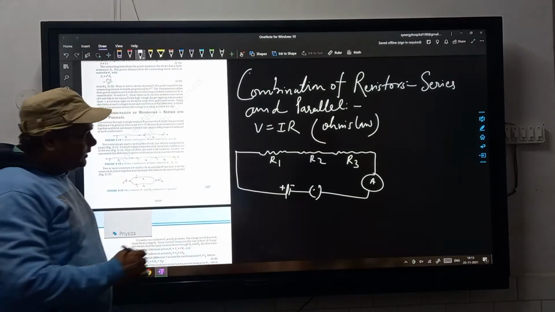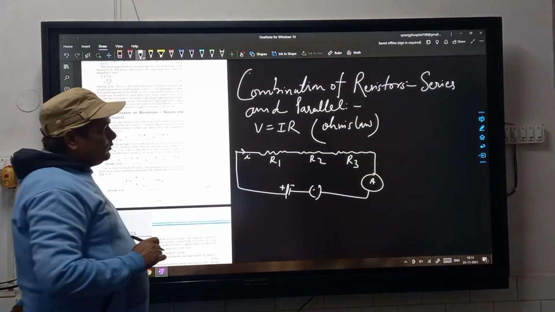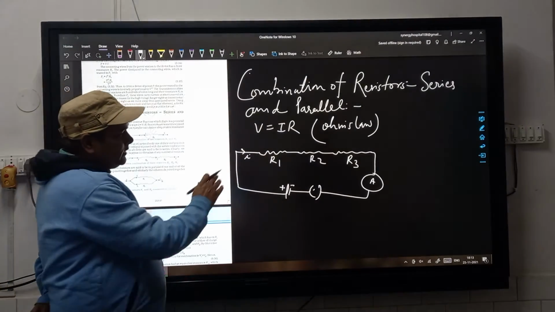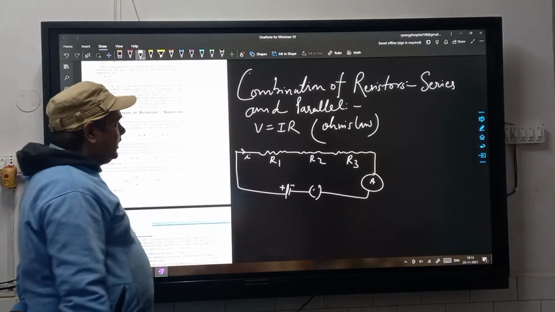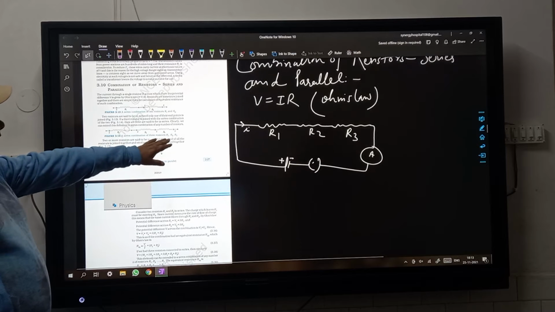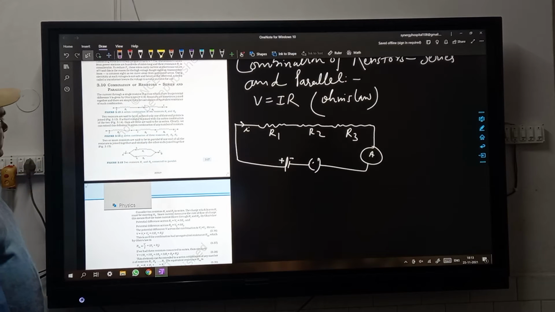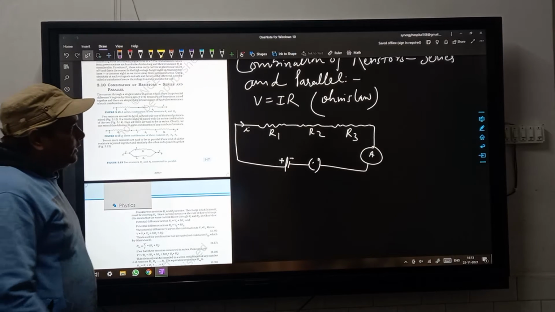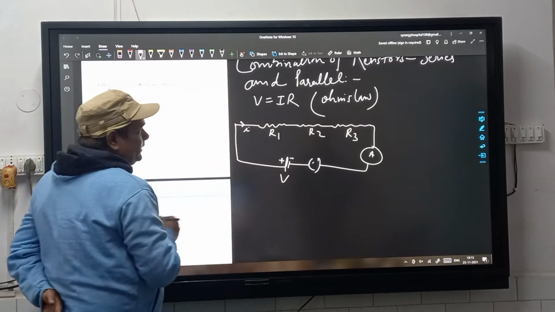As soon as the current starts to flow, the current I reaches through R1, and the same current flows through R2 and R3 also, as R1, R2, R3 are combined in series order. What happens when the potential V is applied by the battery?